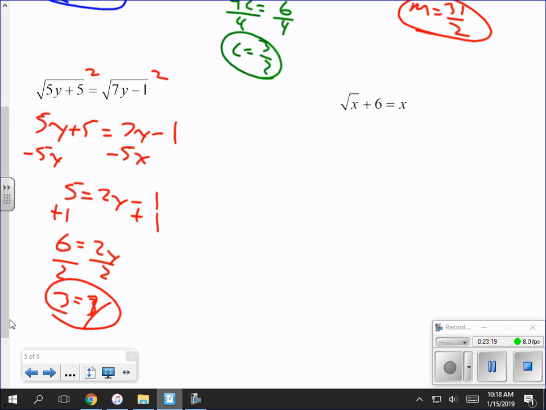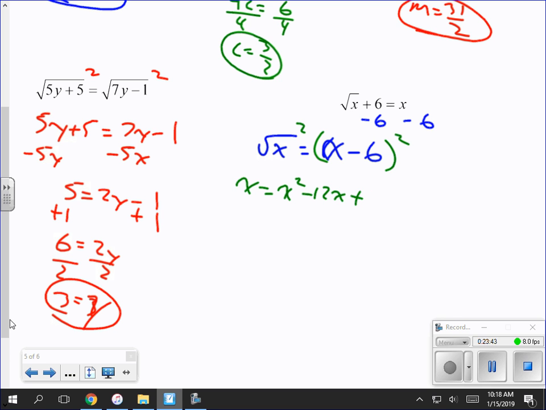Next one, this is the most complicated problem. Subtract 6 from both sides. I get the square root of x equals x minus 6. Square both sides. I get x equals x squared minus 12x plus 36. Subtract x from both sides. 0 equals x squared minus 13x plus 36.